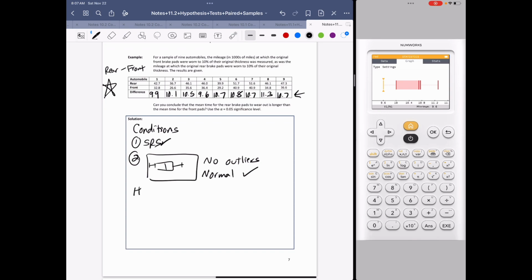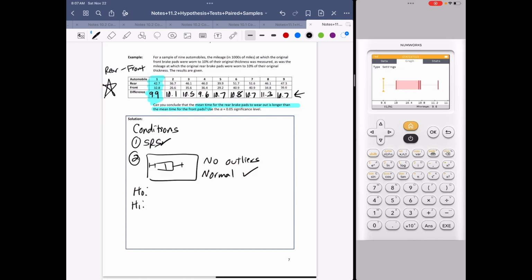Now, when you do your H0 and your H1, it says for H1, can you conclude that the mean time for the rear brake pads to wear out is longer than the mean time for the front pads? So look for one of your answers where the rear was longer than the front. I don't have to look far because it looks like they're all like that. Looking at the first one, rear was longer than the front. 9.9 is positive, so that's going to be greater than 0.